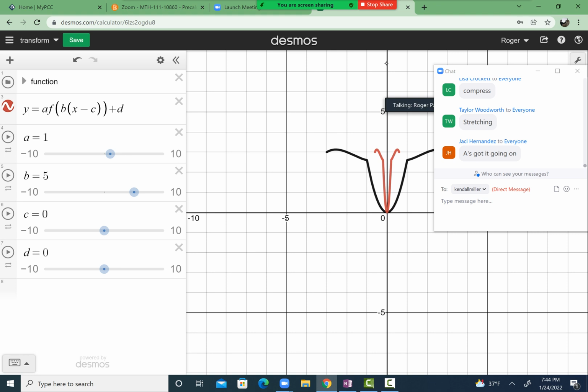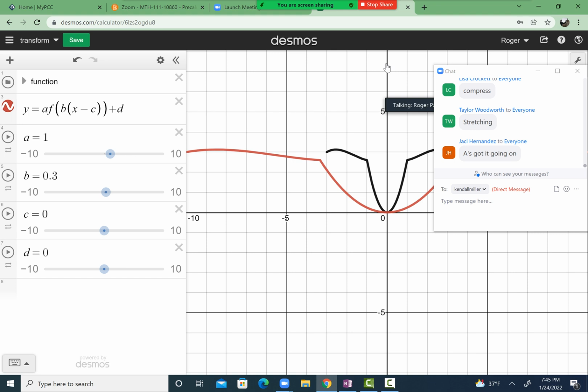It's actually in a reciprocal, or inverted, relationship. So instead of stretching it by 5, it compresses it by 5. So it's actually 1/5 of the size horizontally. So instead of being wider, it's thinner. And the same thing happens when I make this a decimal.